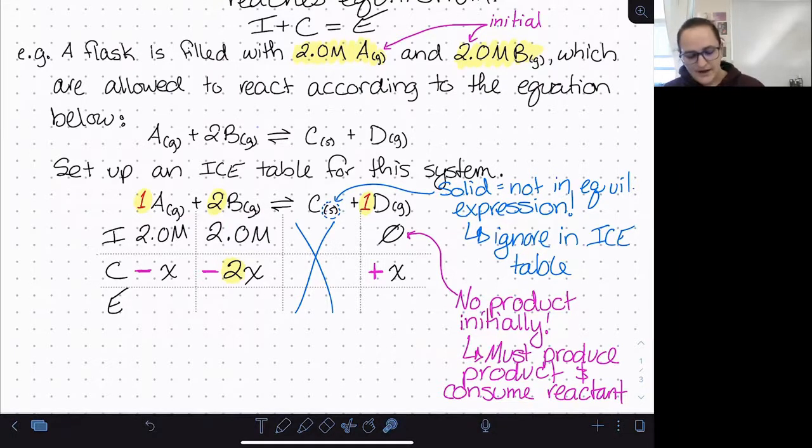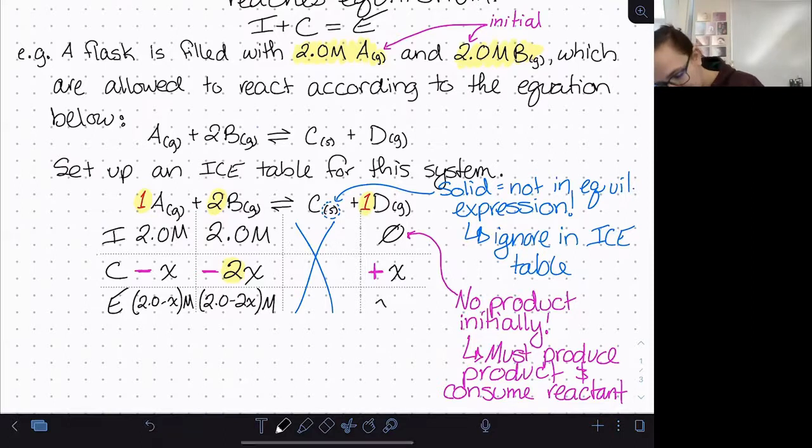So then if we started with 2 molar A and we consumed X, at equilibrium, we will have 2 minus X molar remaining. With B, if we started with 2 molar and we used up 2X, we will have 2 minus 2X molar remaining. And then for D, we started with nothing and we created X. So at equilibrium, we will have X molar present.